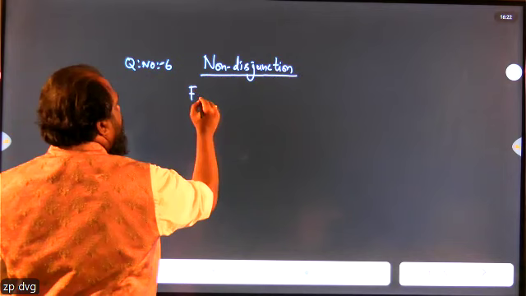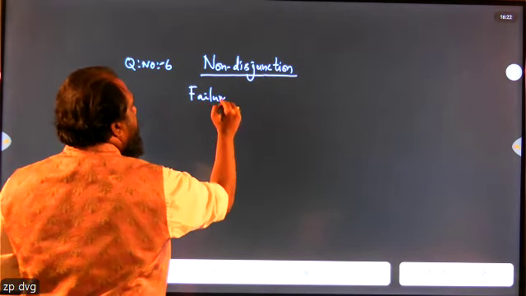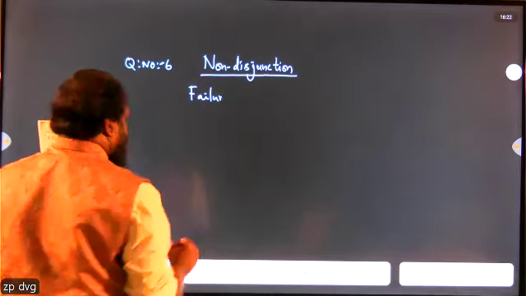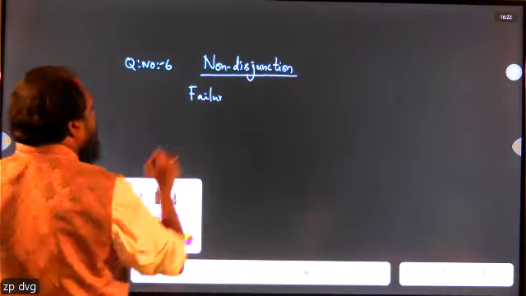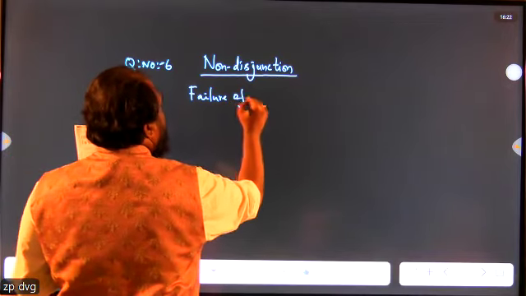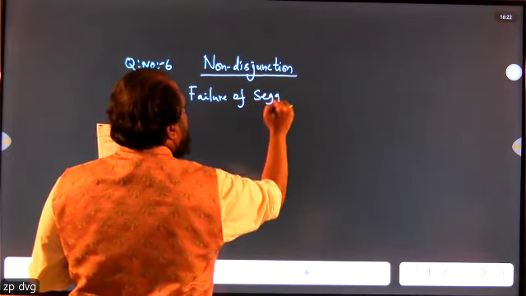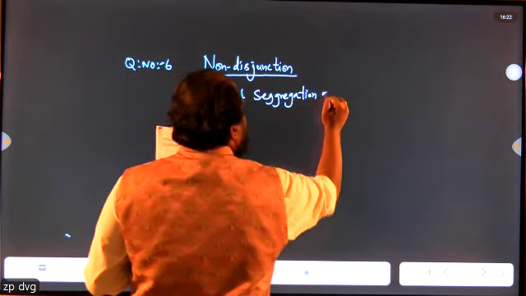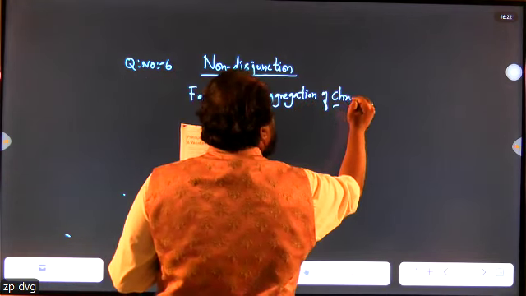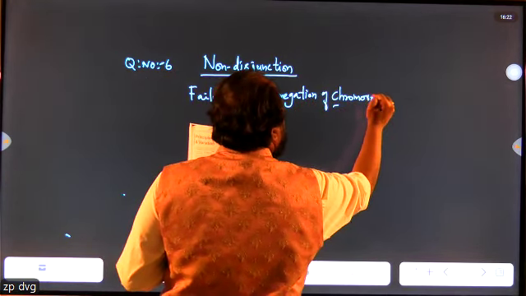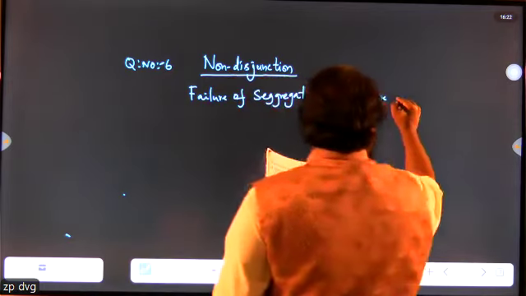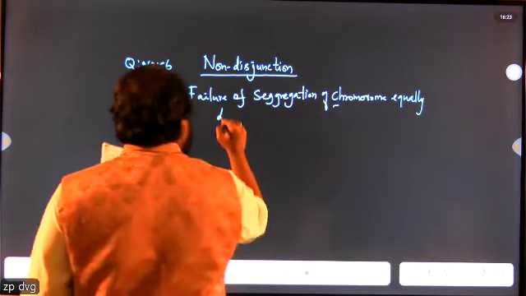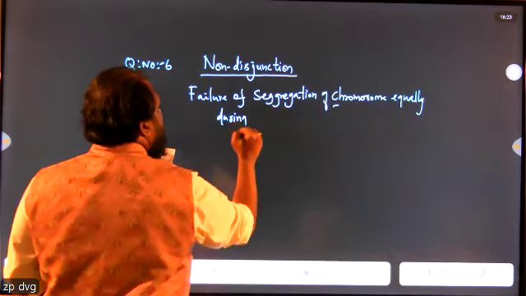Non-disjunction is failure of segregation of chromosomes equally during cell division.